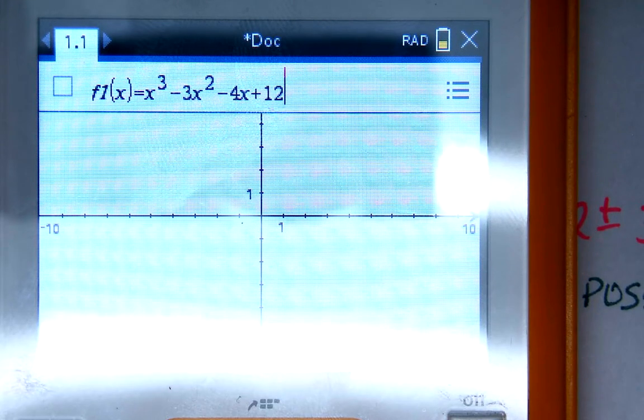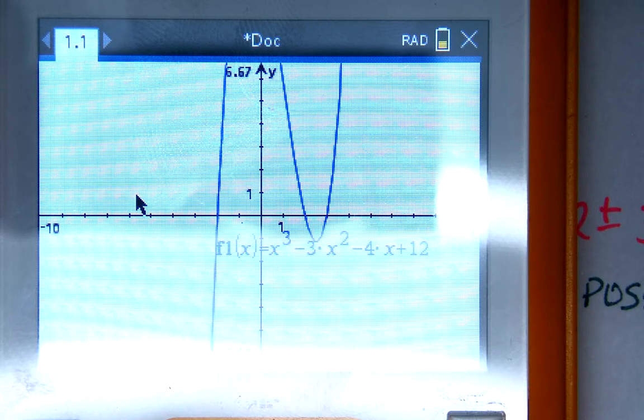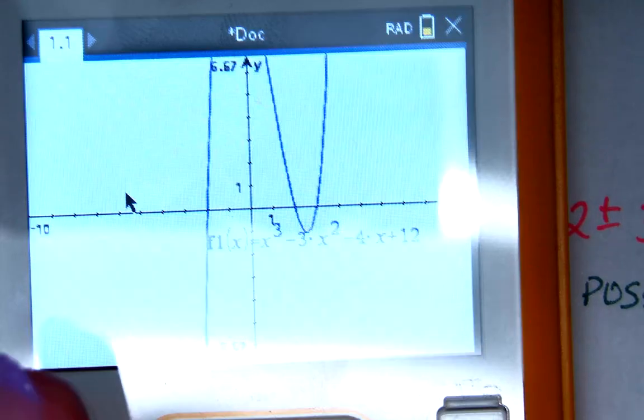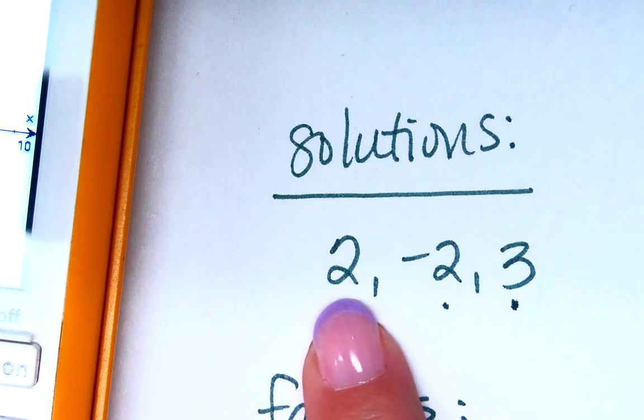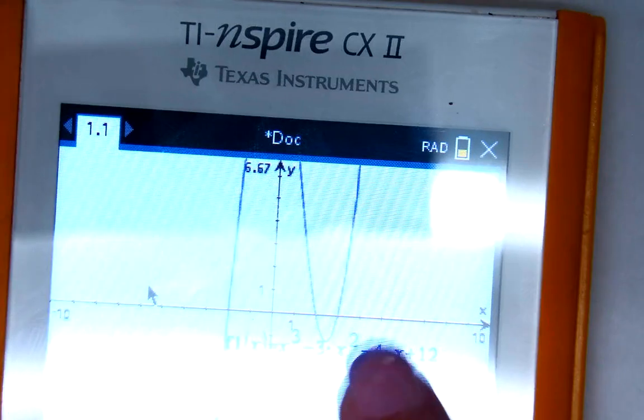And now I'm going to press enter. Oh, so every time it crosses the x-axis, it's a solution. Good observation. My solutions were 2, negative 2, and positive 3.